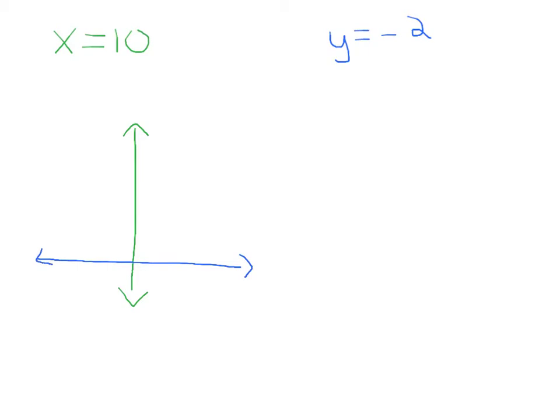So if you have a horizontal and a vertical line intersecting, it's going to guarantee that they are perpendicular. So this is a special case where the slopes are not opposite reciprocals, but when one slope is 0 and the other slope is undefined, it will make it so the two lines are perpendicular.